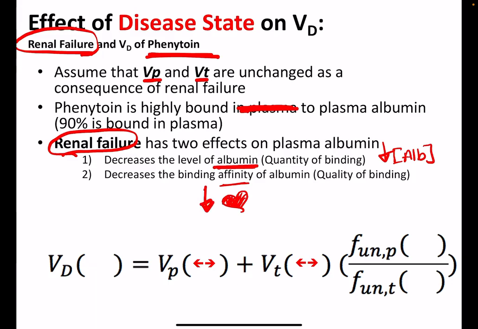So if the affinity is decreased and the concentration of the albumin decreased, and we are talking about plasma albumin, accordingly we have more free drug, right? The tissue free concentration or fraction is not affected, so accordingly we are expecting an increase in the total volume of distribution.